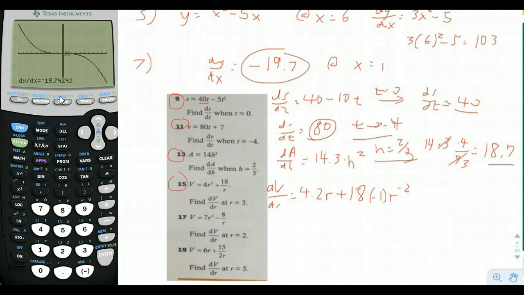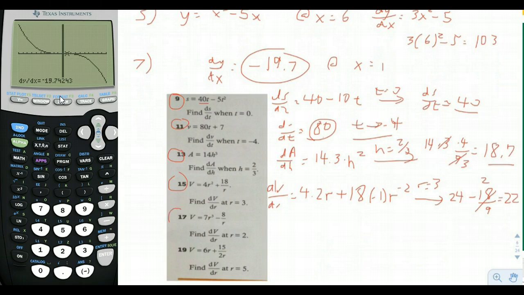So that's the derivative. And then r equals 3 means it's going to be 8 times r, it's 24, negative 18 divided by r squared. So that's actually equal to 22.